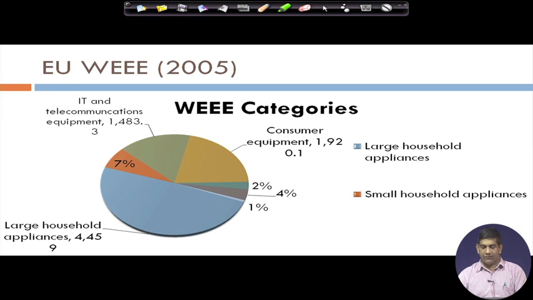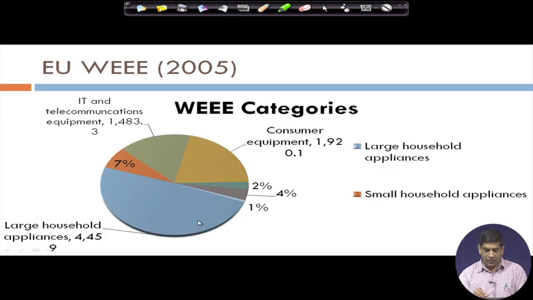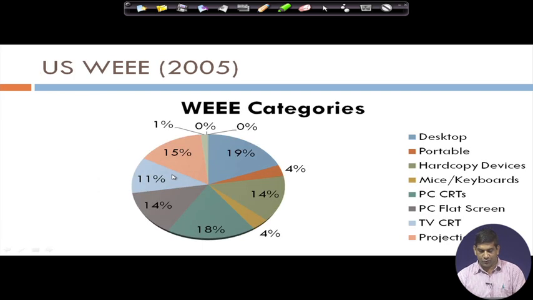So in terms of the EU WEEE, as per the definition of the EU, you have the consumer equipment, and then you have large household appliances as the blue part, and then we have the small household appliances. There is IT and telecommunication equipment, consumer equipment, and then some other categories there as well.